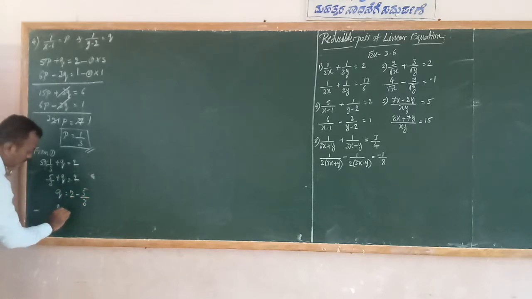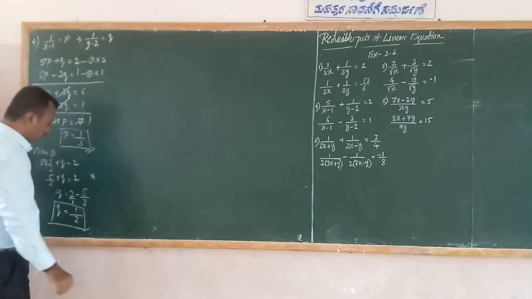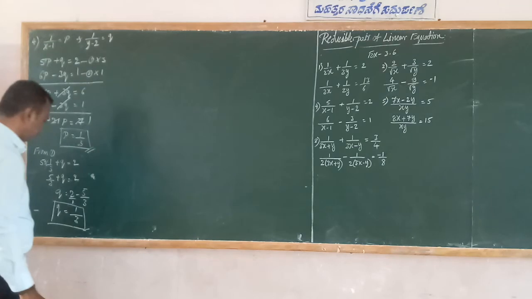So, therefore, q is equal to, LCM is 3. 3 twos are 6 minus 5 is 1. So 1 upon 3. Q is equal to 1 upon 3. See, LCM is 3, 3 twos are 6, 6 minus 5 is 1, 1 upon 3. Directly I will write it. So therefore the q value is 1 upon 3.